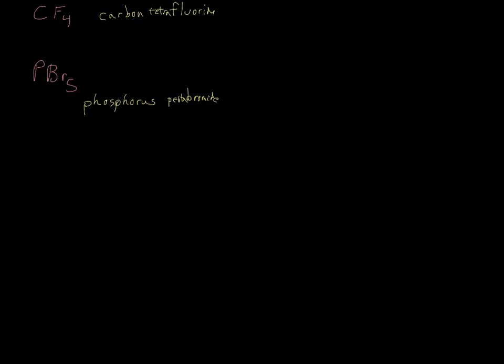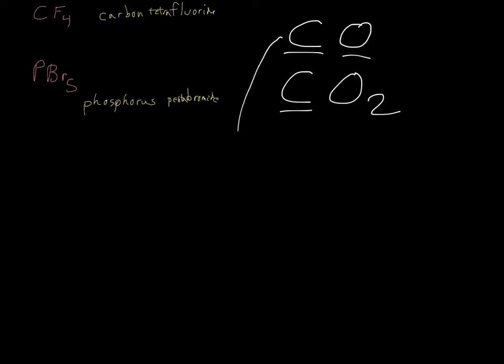Quick comment, something fun to talk about at parties. Why is it that we omit the prefix mono on the first element but never on the second? Here's the reason. If I want to talk about this compound right here, I call it carbon monoxide.